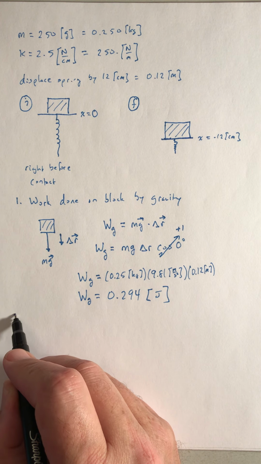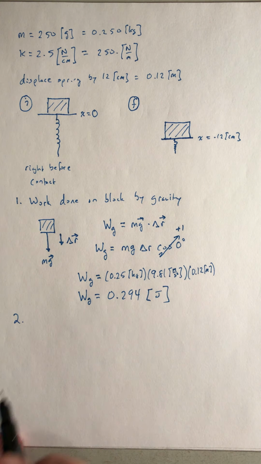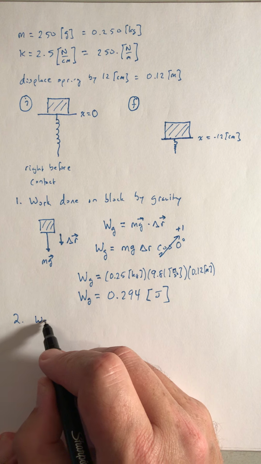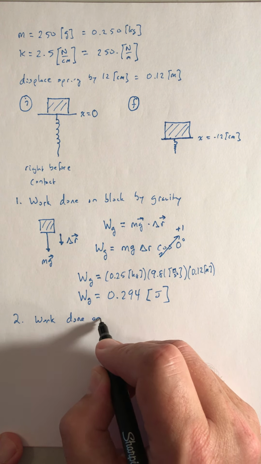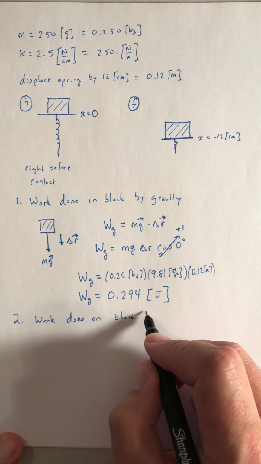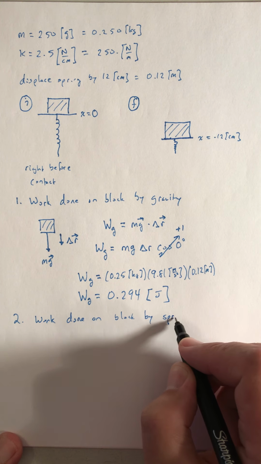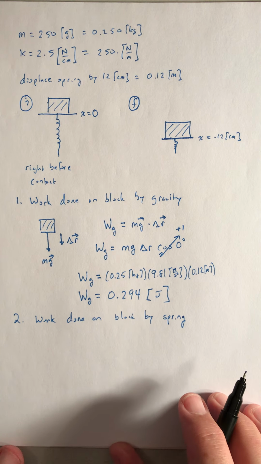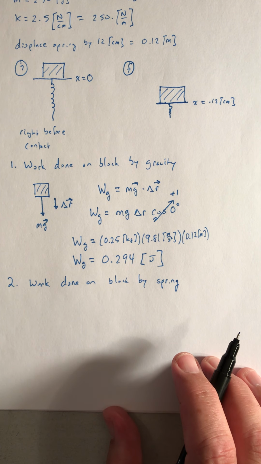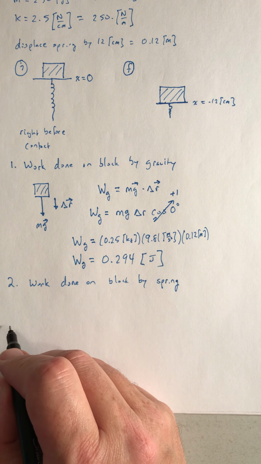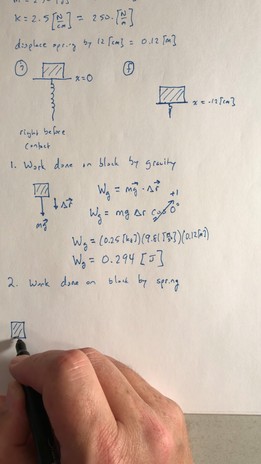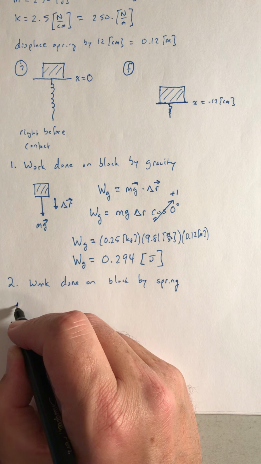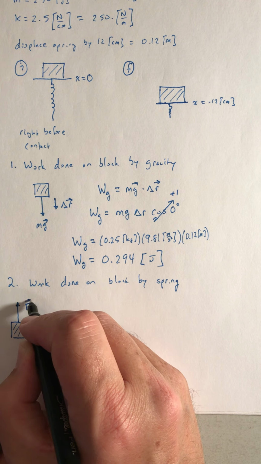Okay. The second thing that we're asked is the work done on the block by the spring. Let me start off with a similar diagram. At one instant in time, the spring is pushing up.